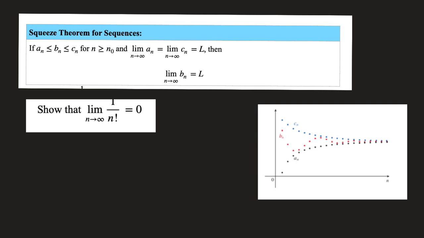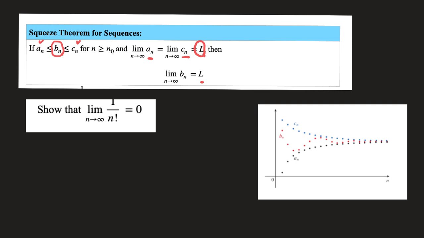We want to find the limit of b_n. Here's the key idea. We know the limit of a_n and the limit of c_n, and both have the same limit L. We don't know the limit of b_n. But the limit of a_n and the limit of c_n is the same L. Then the squeeze theorem says the limit of b_n is also L.